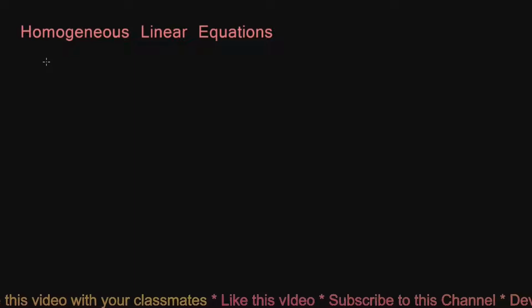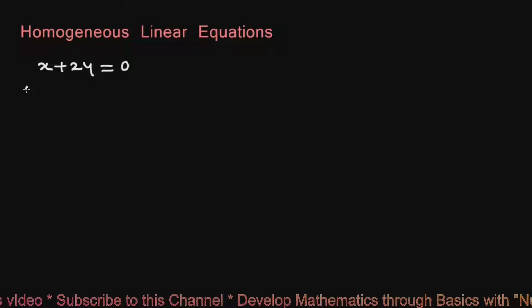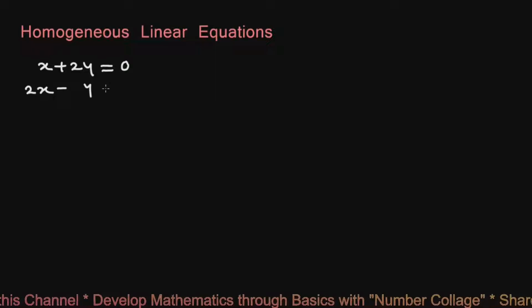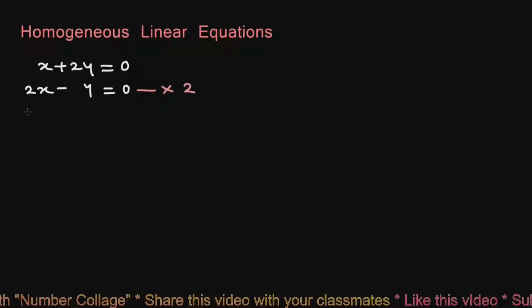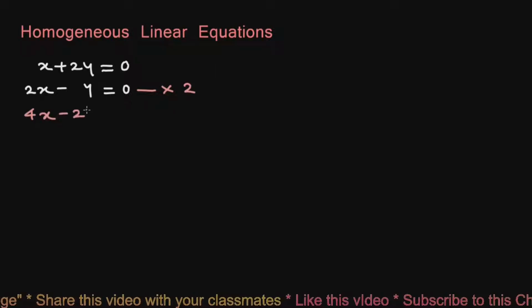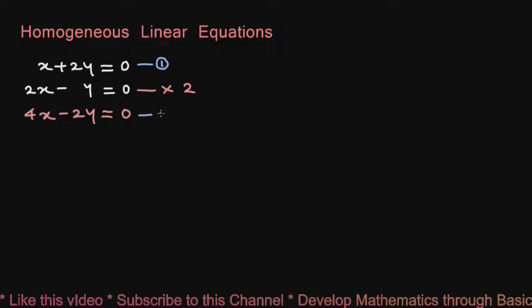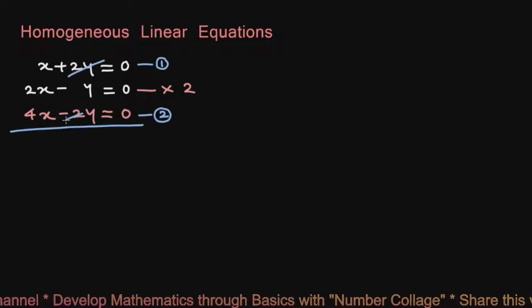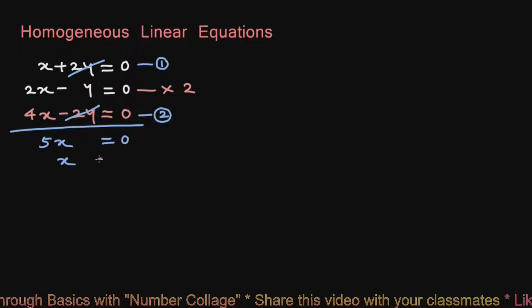Consider homogeneous linear equations in two variables x plus 2y equals 0 and 2x minus y equals 0. Multiplying the second equation by 2, we get 4x minus 2y equals 0. Now adding equation 1 and equation 2, 2y minus 2y will be 0, 5x will be 0, x will be 0.